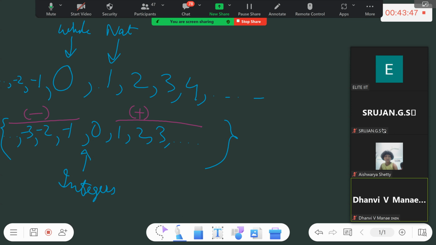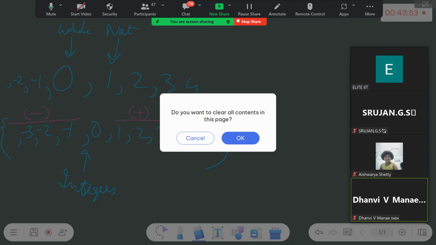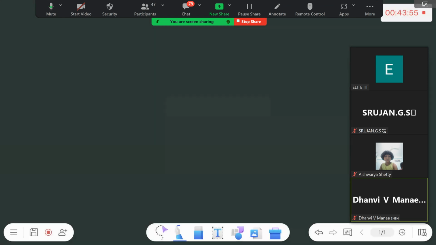Next we have even numbers and odd numbers. What are even numbers? Numbers which are divisible by 2, or we can say numbers which are the multiples of 2, isn't it? So, which is the smallest even number? 2.